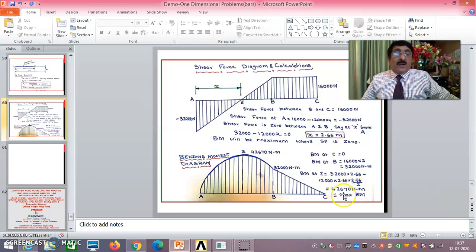You get it as 42,670 Newton meter. That is the maximum bending moment.